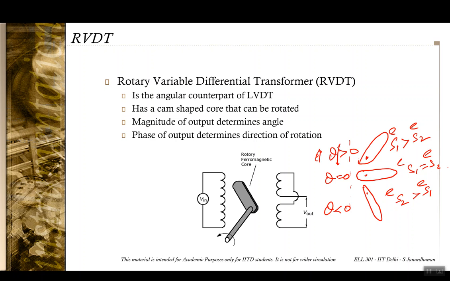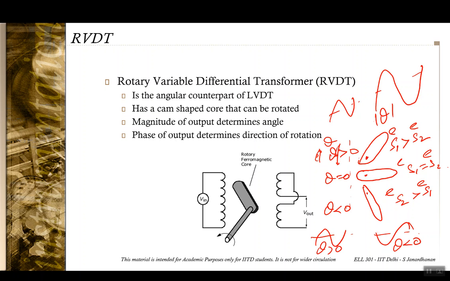So whether you have a larger amplitude or a smaller amplitude will depend upon the magnitude of theta, and whether theta is greater than 0 or less than 0 will determine whether it is an in-phase signal or an out-of-phase signal. This is with theta greater than 0, and this will be theta less than 0.